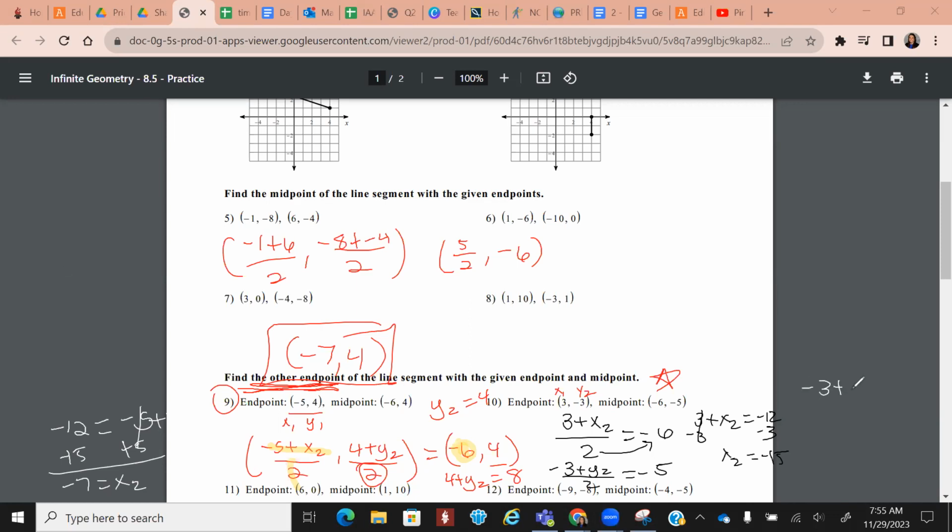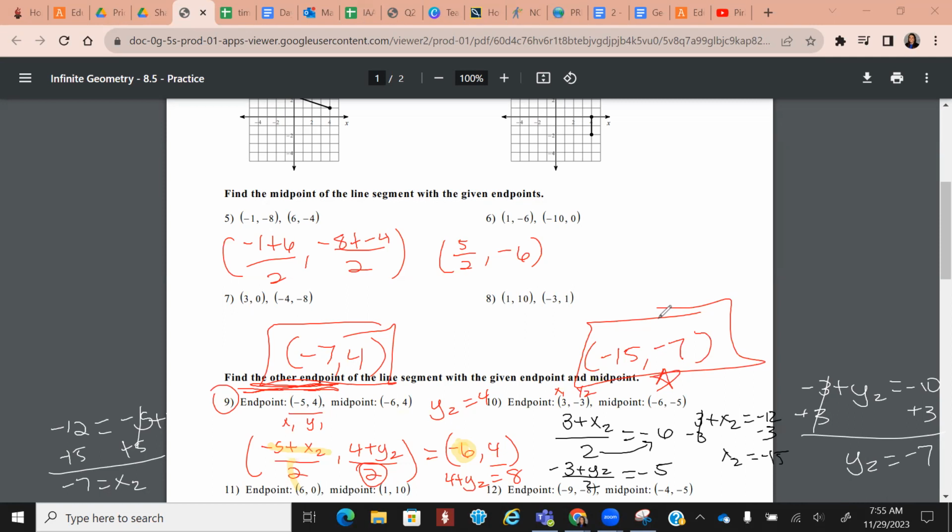So it's going to give me -3 plus y2. 2 times -5 is going to give me -10. I'm solving for y2, so I'm going to add 3. And so that's going to give me y2 equals -7. So my final answer is going to be -15, -7. You have to write it as an ordered pair, or you're not doing the right answer.